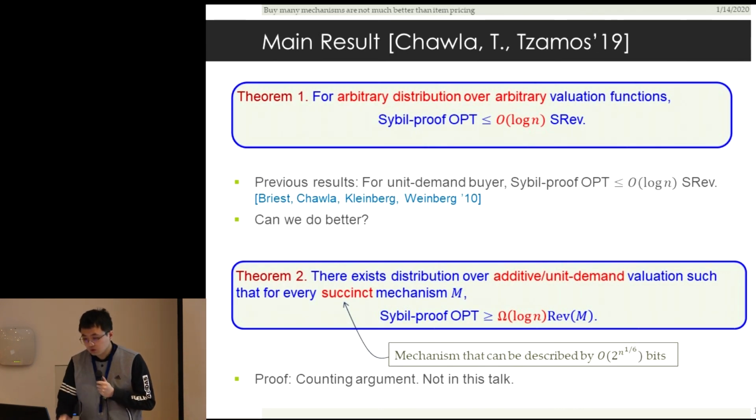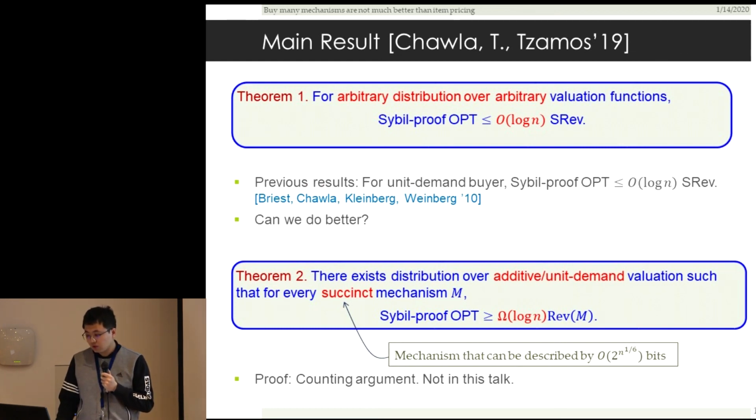Okay, so our first theorem says that item pricing gives an O(log n) approximation to the optimal by many revenue for arbitrary correlated distributions over arbitrary valuation functions. We want to emphasize that this result does not need any assumption over the valuation function, for example subadditivity, or reliance on the independence of item values.